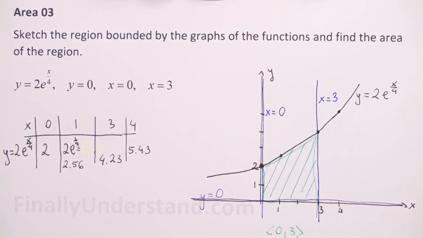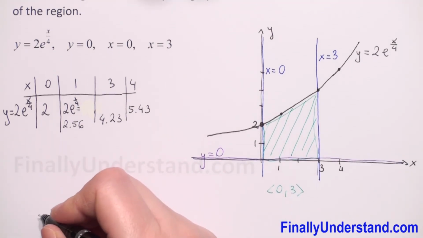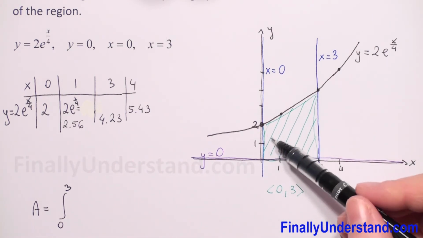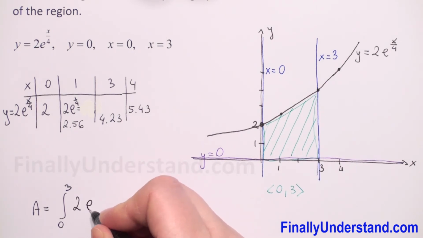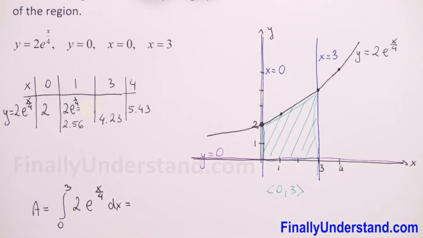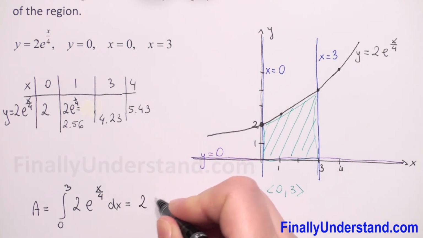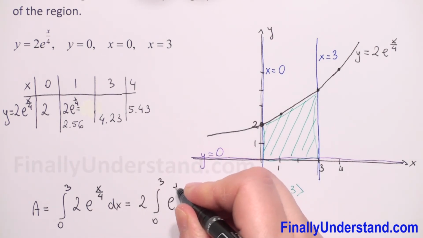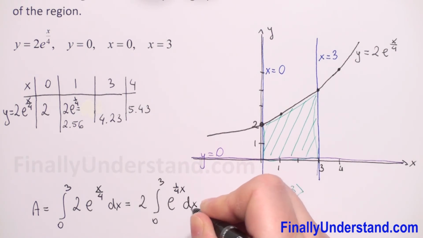Our graph is above the x-axis, so our area is equal to the definite integral from 0 to 3 of our y function, 2 times e to power x over 4 with respect to x. We can rewrite and put 2 before the integral symbol, and we will put e to power 1 over 4 x with respect to x.